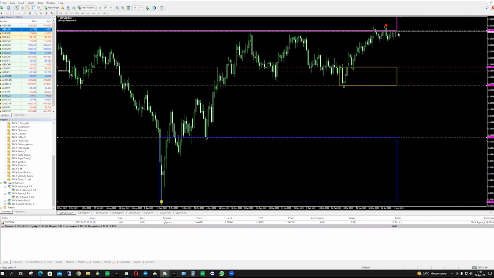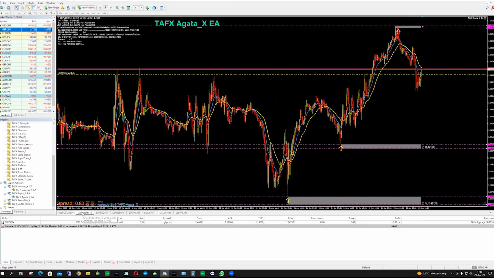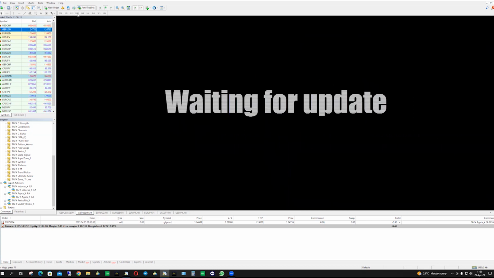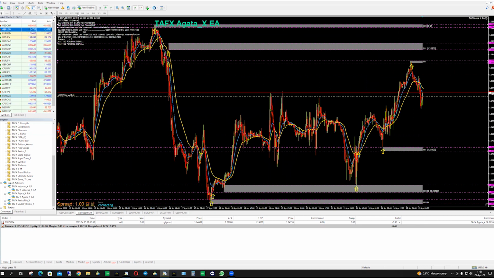If we are coming from the resistance or support, that is what it will be looking for in a small time frame, in minute 15 or in minute 5. You can do any scalping of your choice, whether it is 15 minutes, whether it's 30 minutes, whether it is 5 minutes.